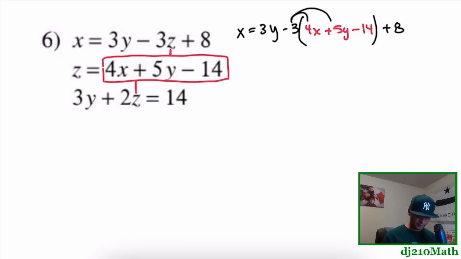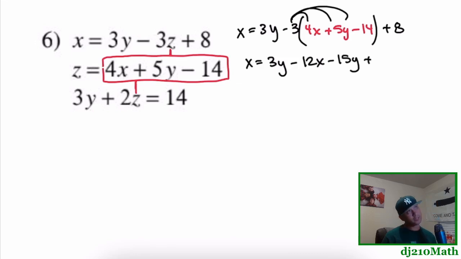Okay, distributing, x is equal to 3y minus 12x minus 15y plus 3 times 14. So 3 times 15 is 45. 45 minus 3, 42. Positive 42. Plus 8. Okay.